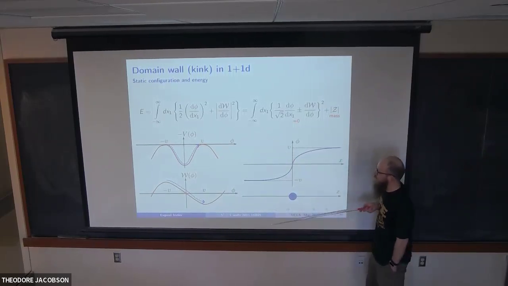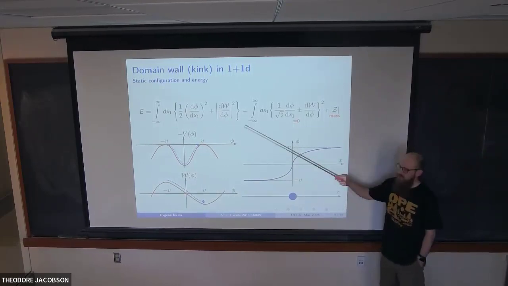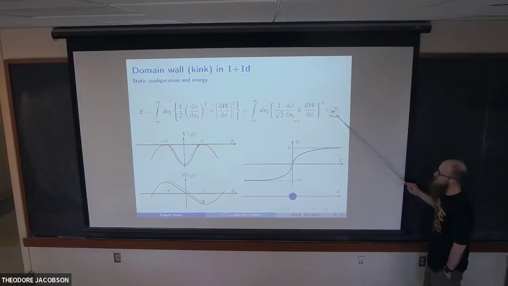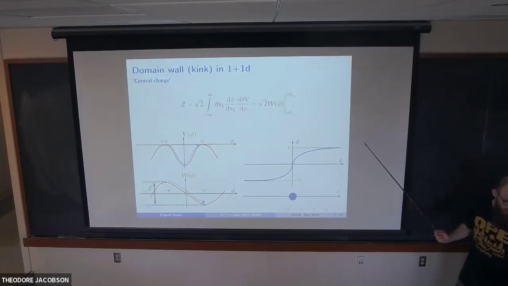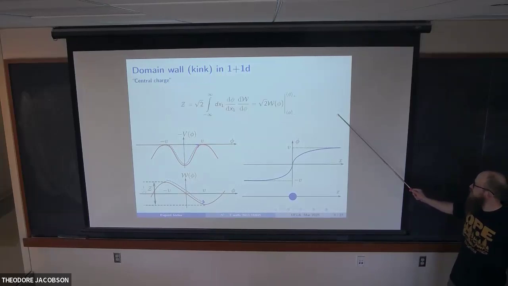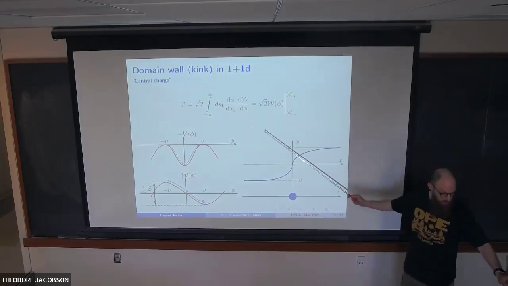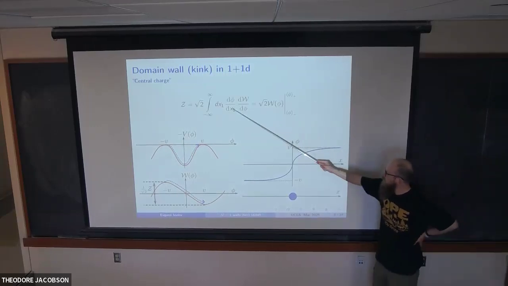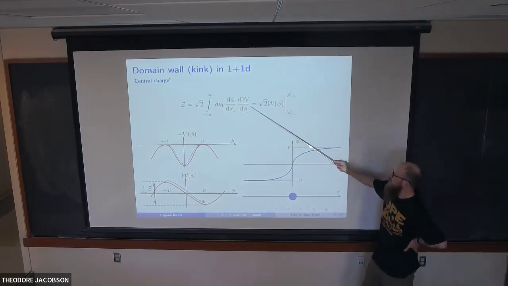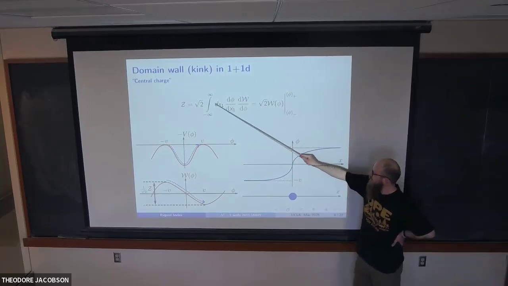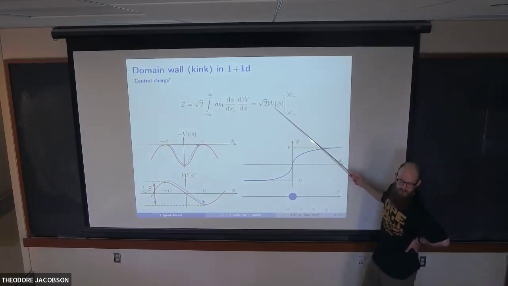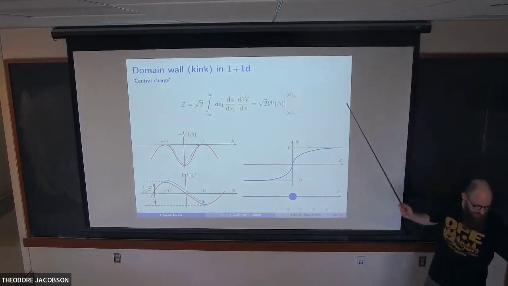You see it's a sum of two squares, so you can complete it to a full square, and when you do it, you get some extra term, which is called Z here. This extra term is a cross term between this derivative and that derivative, and you see that this cross term can actually be integrated. You see dx cancels with this dx, dφ cancels with this dφ, and you get just the difference of this function W on the two sides.